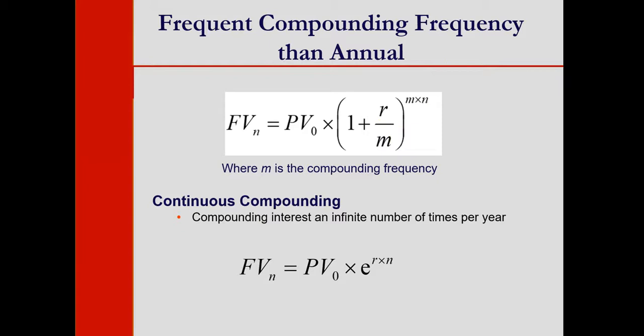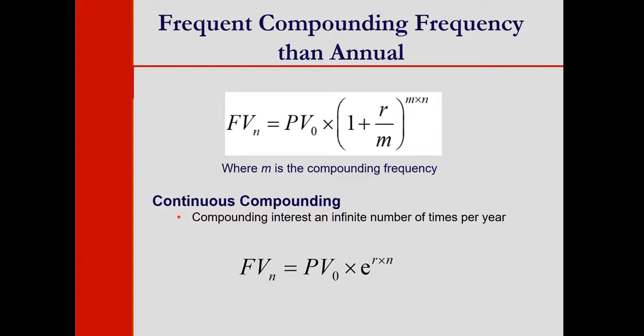Whatever I just did here with compounding frequency, since I was doing it for 1 year, I showed you how the interest is reinvested to earn more. So for the same future value formula, if you remember, our formula was present value times (1 plus r) to the power n, where n was the number of periods. Now, with m, we will have to adjust r and n in the formula to take care of the compounding frequency.